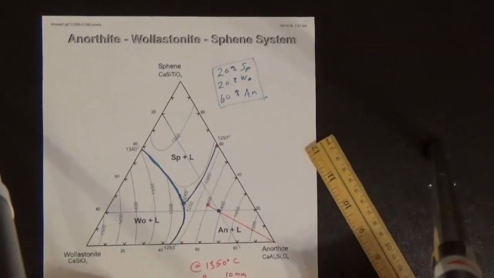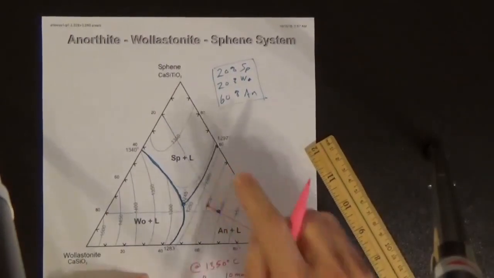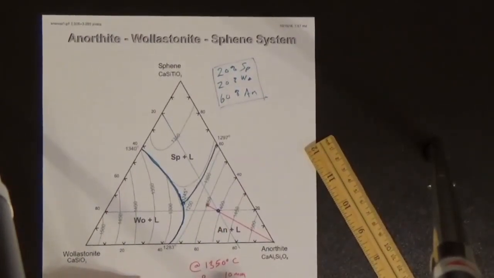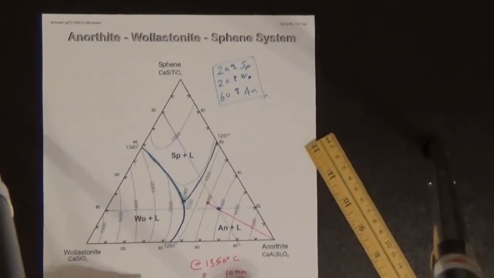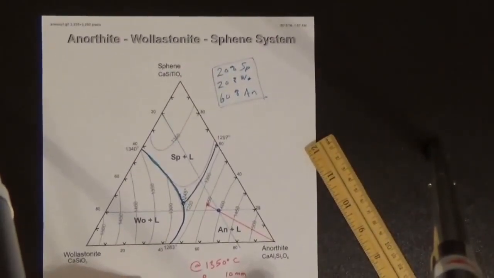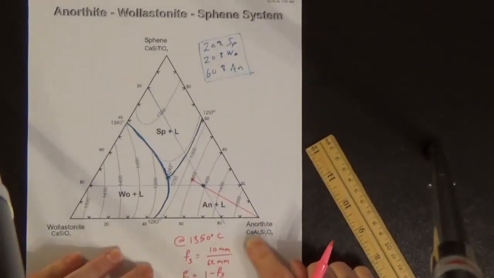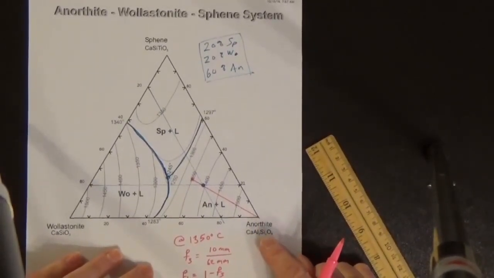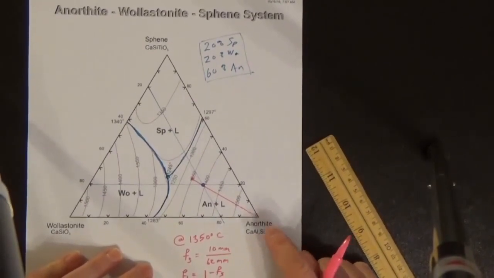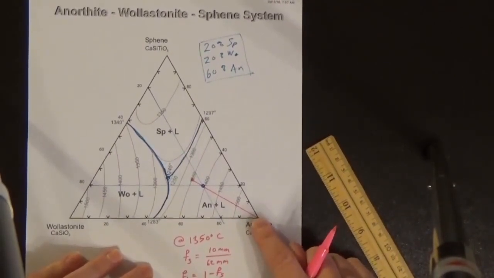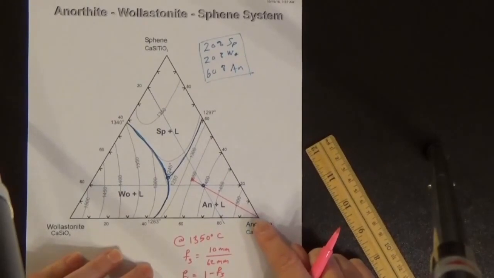The composition of the solid, we know is exactly this CaAl2Si2O8 because it's a line compound with no solubility.